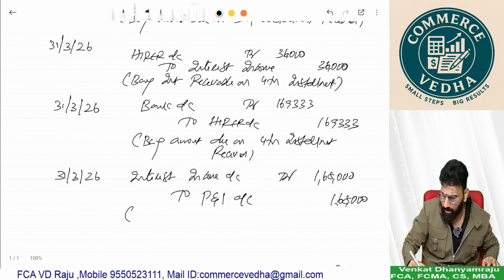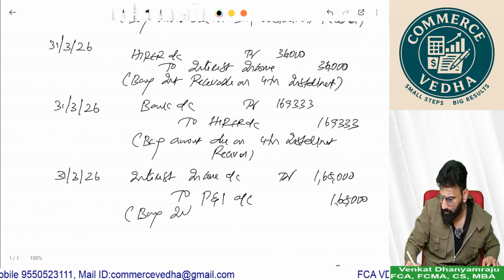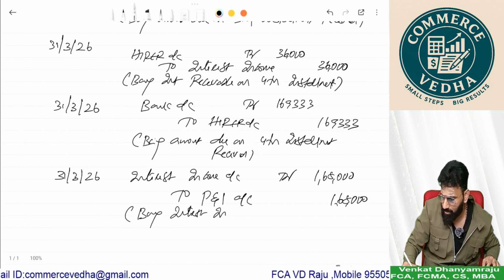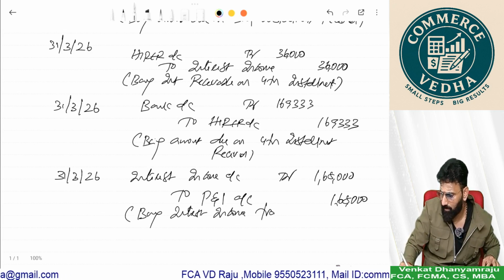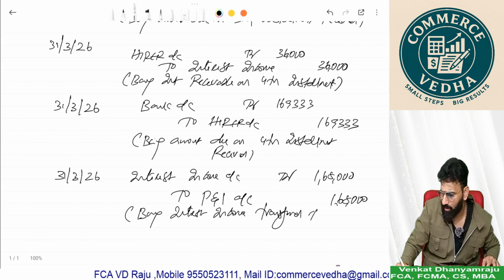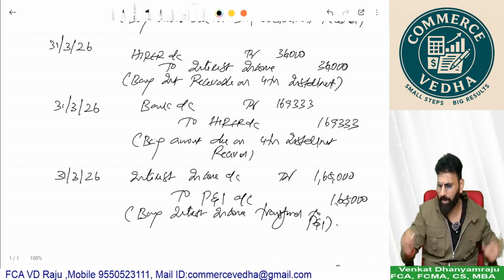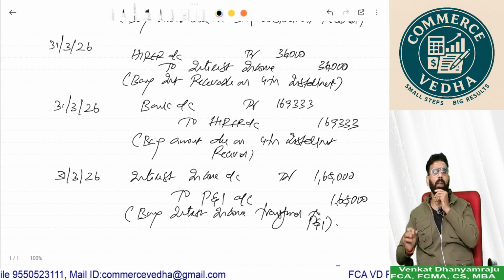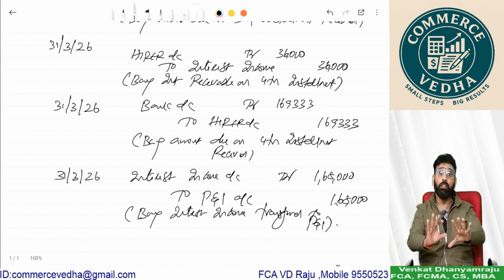You'll write being interest income transferred to P&L. Only transfer to P&L, no depreciation, because you are not the owner.